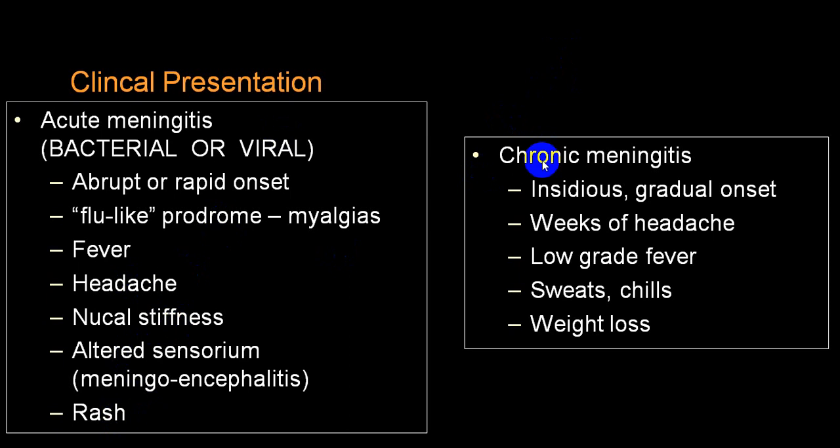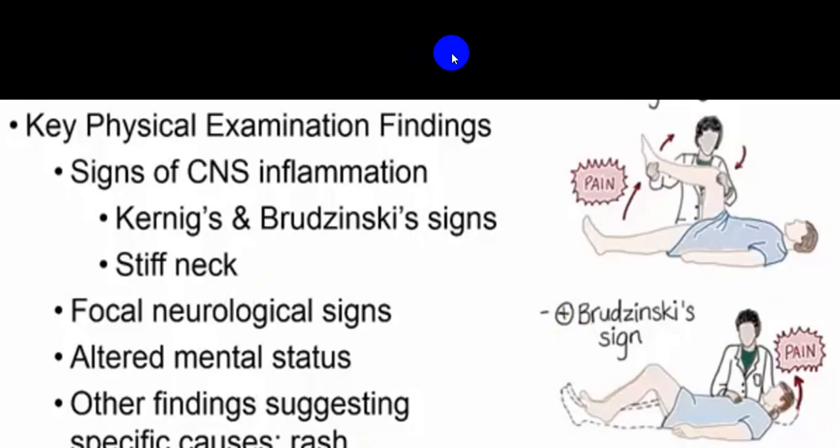As far as chronic meningitis is concerned, it is a gradual or insidious onset. The person will have a headache for weeks, low-grade fever, usually along with chills and sweating. The person will have a little weight loss also, quite common in chronic meningitis.